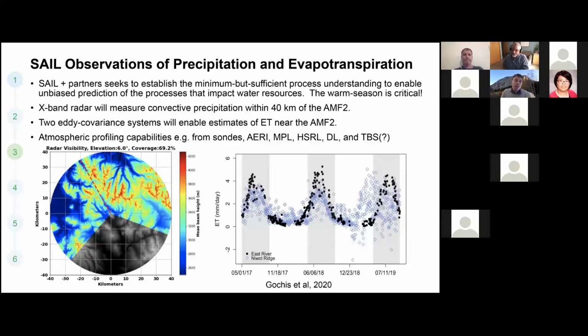This area, you can see on the right, has some very interesting seasonal cycles in evapotranspiration that have been measured in a water limited, in an energy limited environment in the area, in a riparian zone. So we're looking to complement those existing measurements and to characterize that water flux.